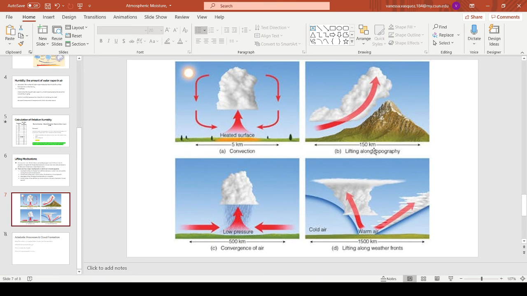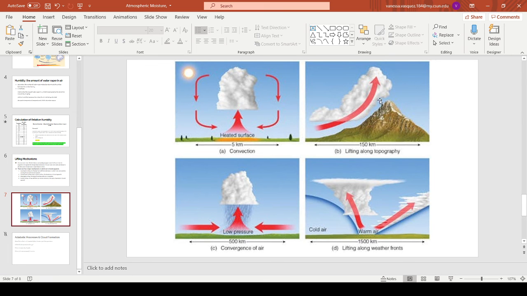For diagram B, this is known as orographic lifting, and the air rises due to the mountain. The mountain forces the air to rise, forming clouds and precipitation on this side of the mountain. This is known as the windward side of the mountain, where there is heavy precipitation, whereas this side of the mountain is known as the leeward side.